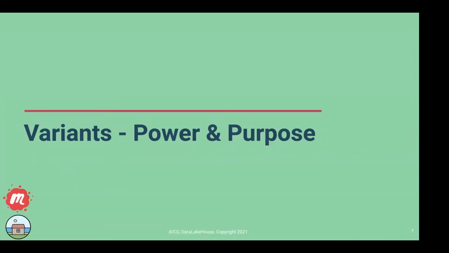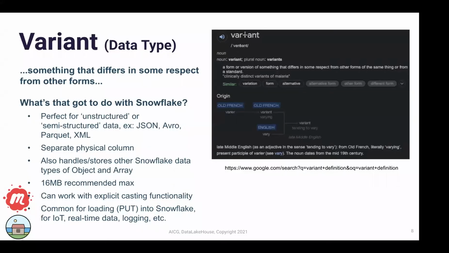Okay, so when we talk about variants, objects, and arrays, the data type is actually called a variant data type. I've got a fancy definition on the right there from Webster's Dictionary, and a quick Google search will turn up something for you. Like I mentioned before, it's something that differs in some respect from other forms, and it's a near perfect name for this Snowflake data type. It can hold almost any type of unstructured or semi-structured data that you could throw at it.